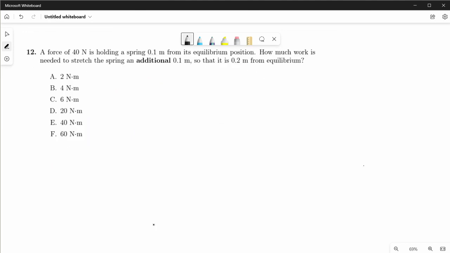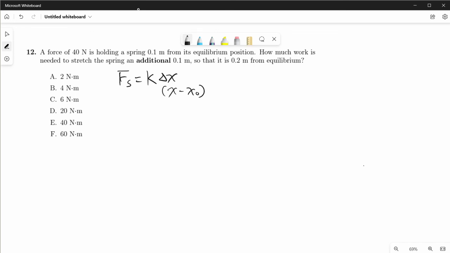For question 12, we have an integral application with the spring force. So generally, the force generated by a spring is k delta x, k being the spring constant times the distance away from the equilibrium position.